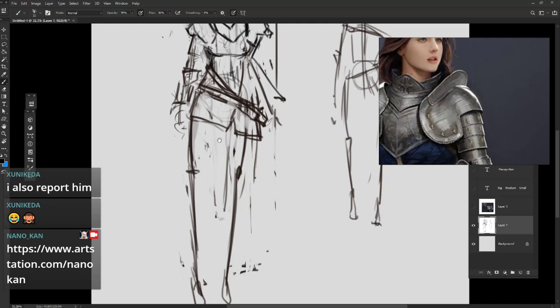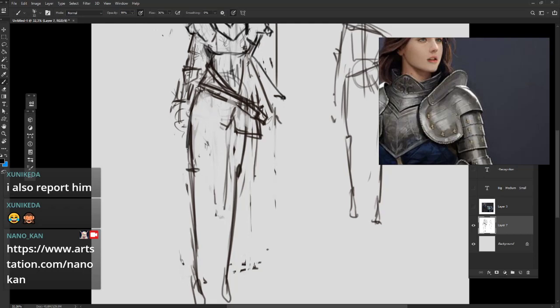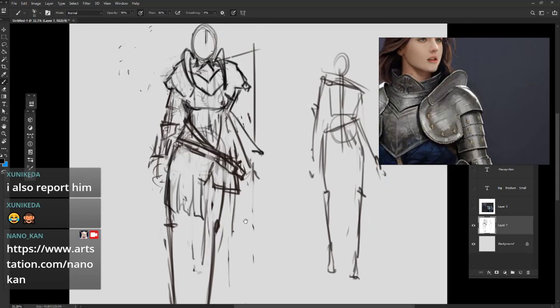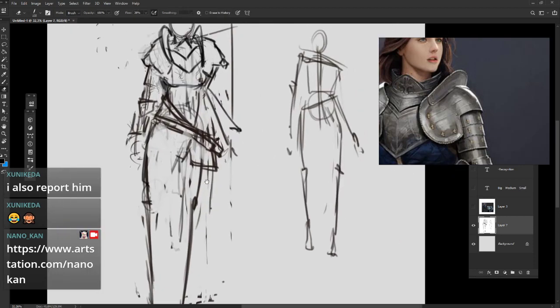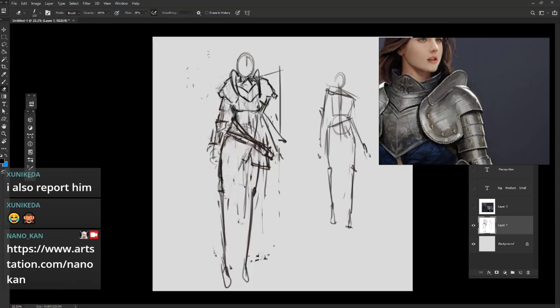It's just for the sheer purpose of trying to see at least a character in that. I actually drew the foot in the wrong direction, wrong position. What the hell is wrong with me? Okay, nice.